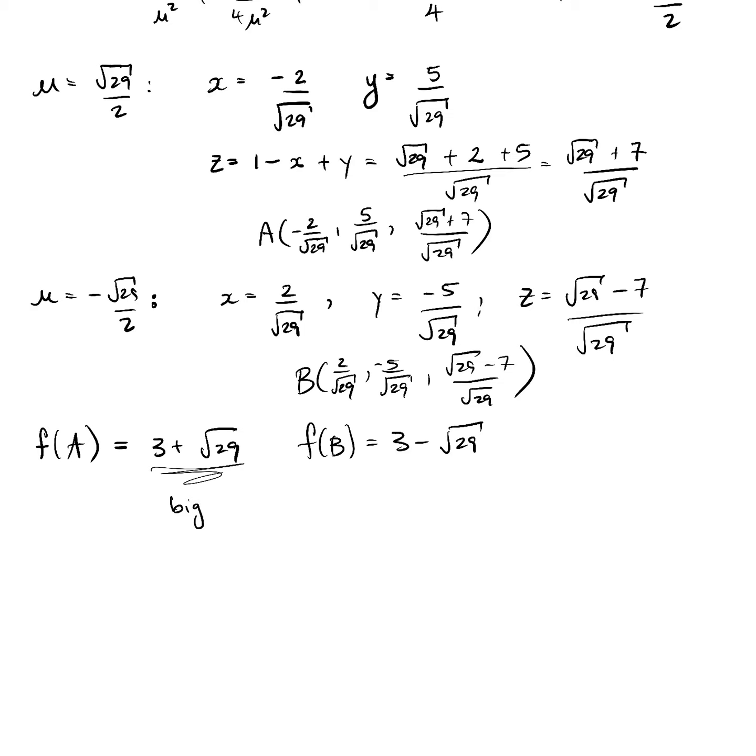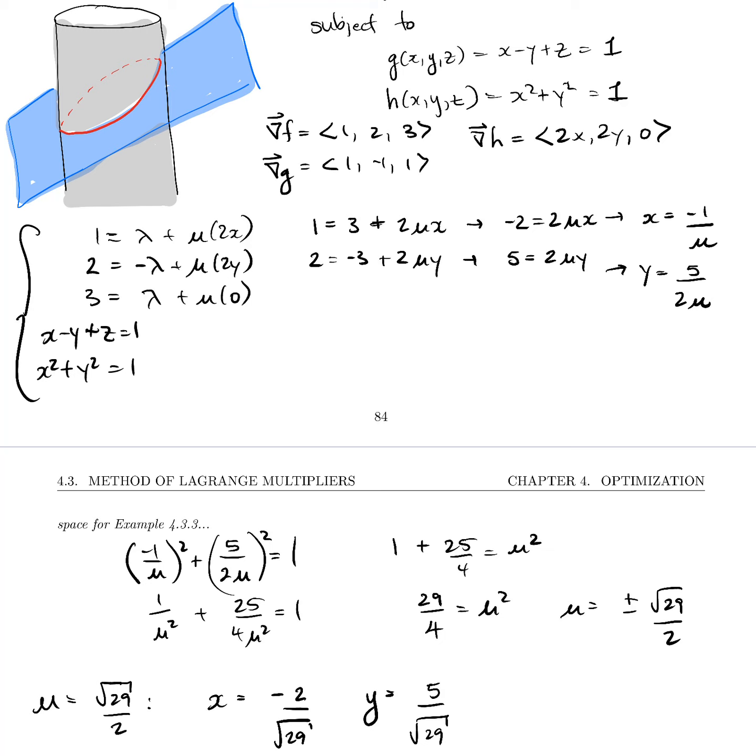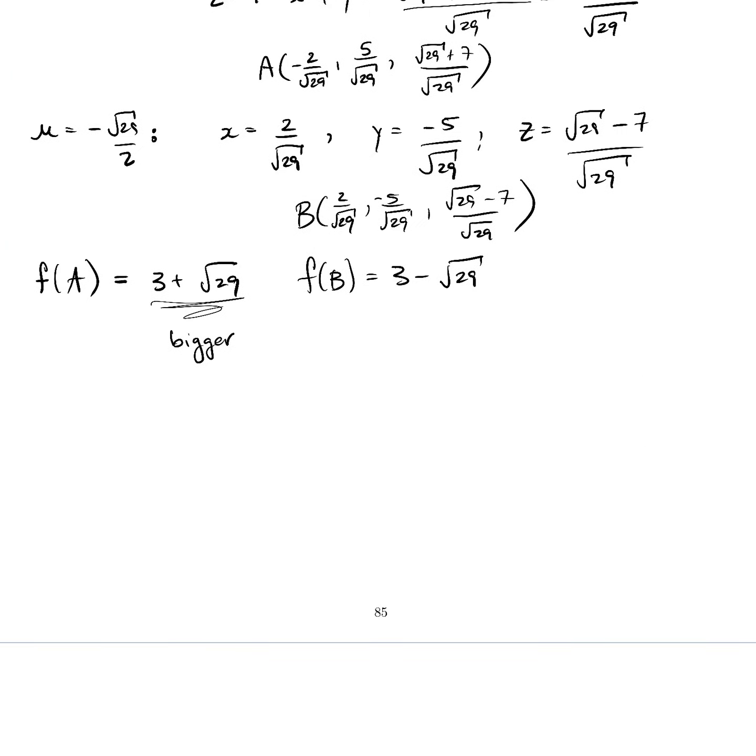The question is, does f really have a maximum or not? If it does, we know we found it. So we can look back at our curve of intersection. Our curve of intersection is an ellipse which is on the surface of this cylinder. It is closed and bounded. So the extreme value theorem guarantees us that we have a maximum.